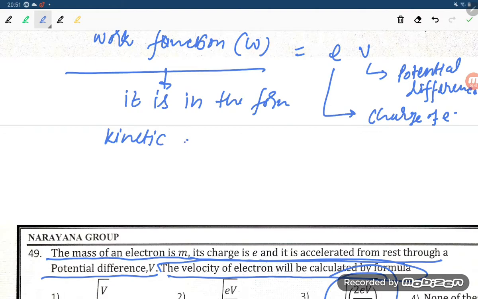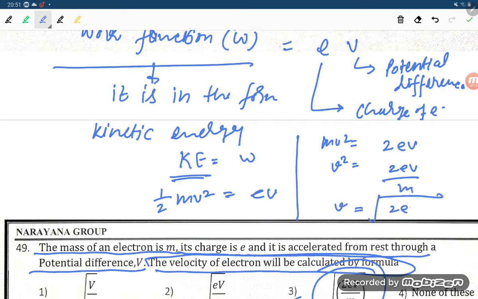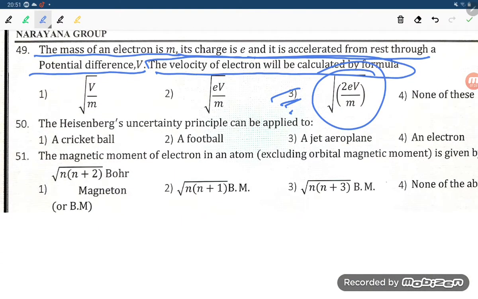So we can write kinetic energy KE is equal to W. KE is 1/2 mv square, equal to W, which is electron volt eV. From this relation, putting 2 on this side, mv square is equal to 2eV. So v square is equal to 2eV by m, and v is equal to root of 2eV by m. This is a very easy problem, student. You can easily do it. So option number 3 is correct.